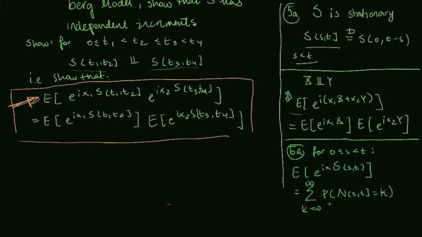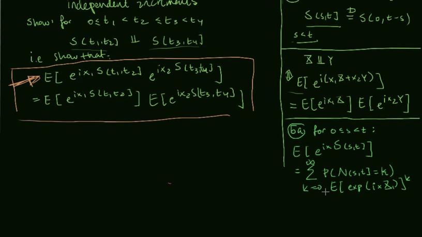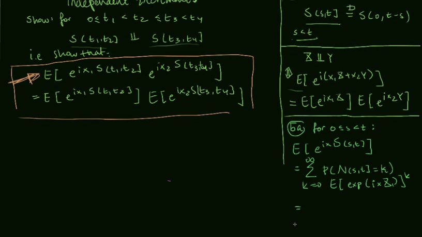For each outcome we multiply by the characteristic function of the claim size to the k. So this is an expression for the characteristic function of the increment in total claim amount. And we also found a closed expression using the Taylor series for an exponential function, as I have written up here.